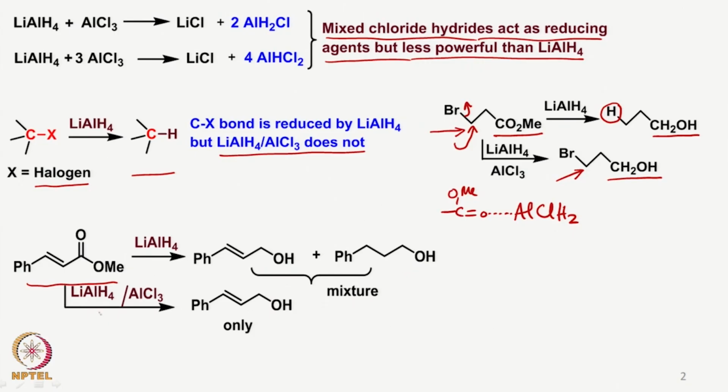At the same time, if we use the mixed chloride hydride reducing agent like lithium aluminum hydride and aluminum chloride, we only get this allylic alcohol as the major product. So, it is very obvious that the same thing is happening again, that only the chelation allows the reduction to take place. Once this happens, of course, you have a delta positive here and a delta negative here, then the hydride reduces this and goes further for the completion of the ester to the corresponding primary alcohol.